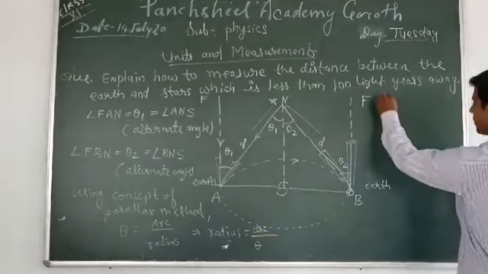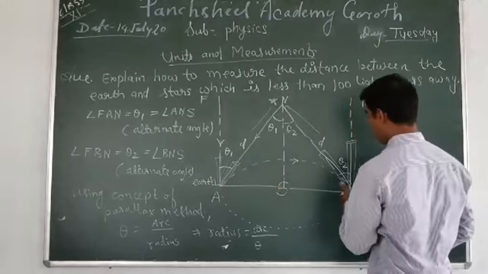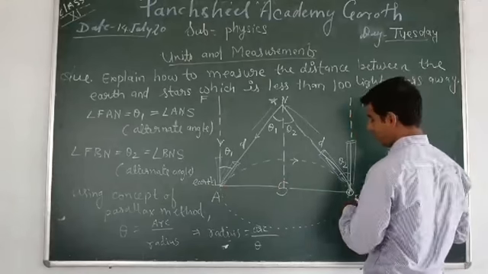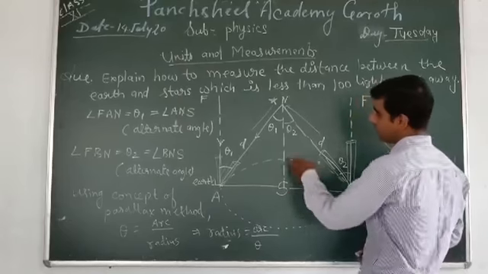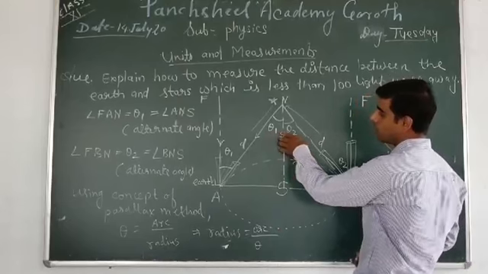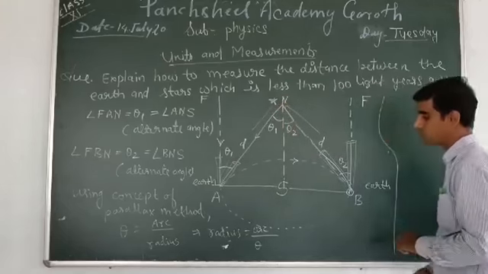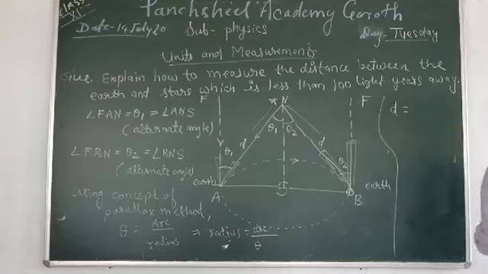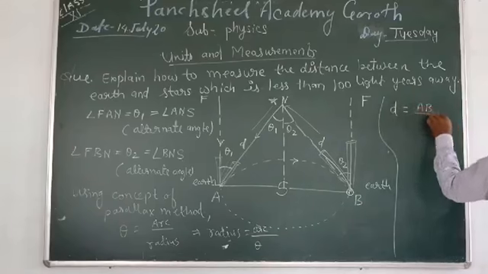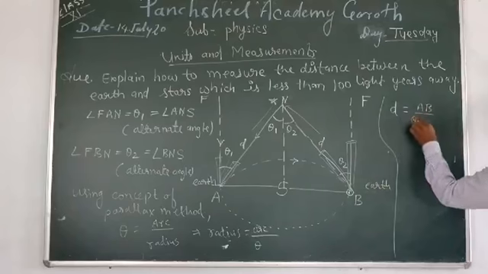Now in this diagram, suppose AB is a baseline for the arc, and this is the angle theta 1 plus theta 2. Radius means d equal to what? Theta means AB upon r, and theta means theta 1 plus theta 2.